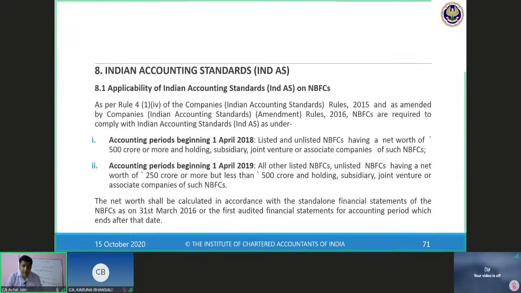Now this applicability of Ind AS to the NBFC, first of all, arises on the basis of its net worth, and then it arises on the basis of whether the NBFC is listed or not on any stock exchange, and third, it arises on the basis of the group companies. So we'll talk about all three of them now.